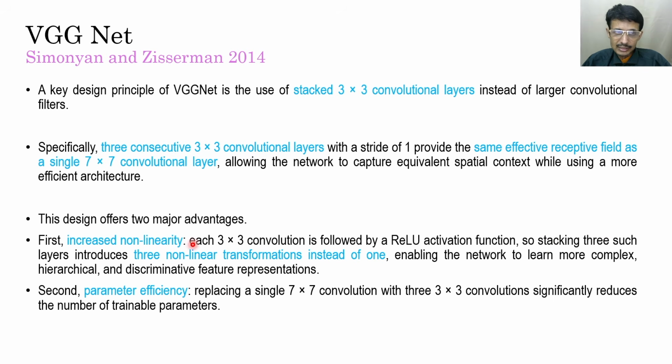So stacking three such layers introduces three nonlinear transformations instead of one, enabling the network to learn more complex, hierarchical and discriminative feature representations. That is a very interesting and important point, because each convolution layer is followed by ReLU.